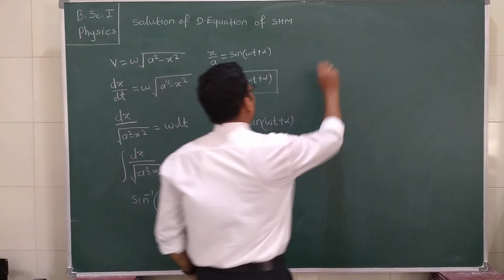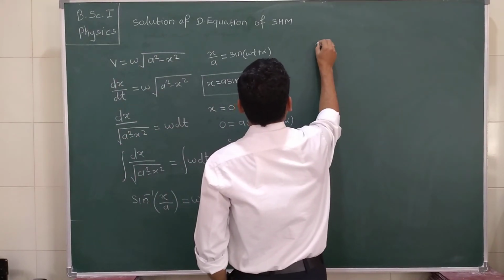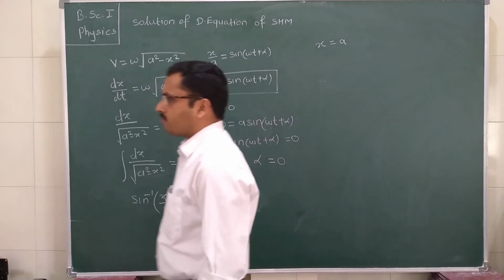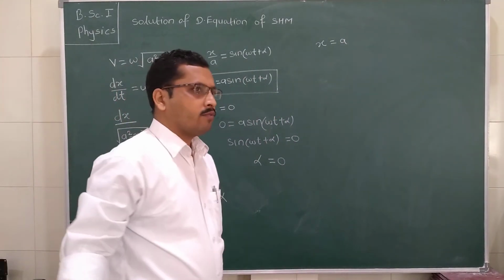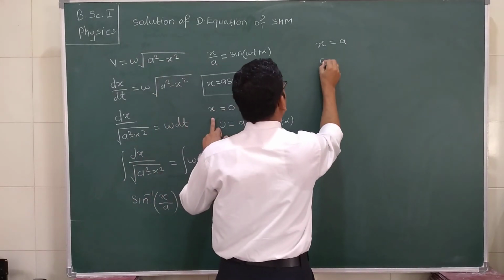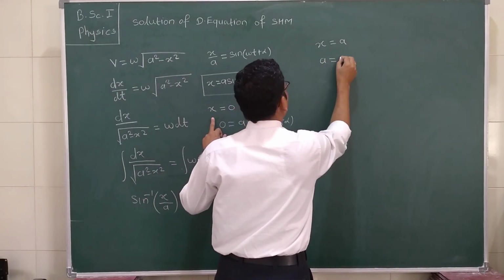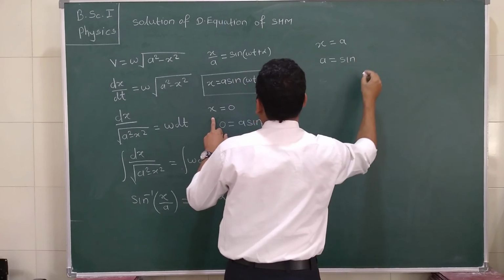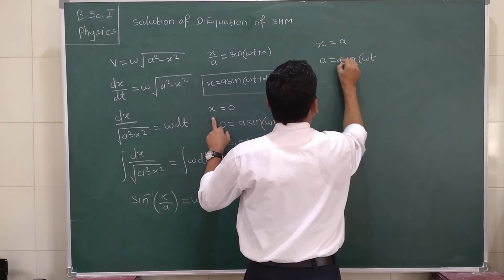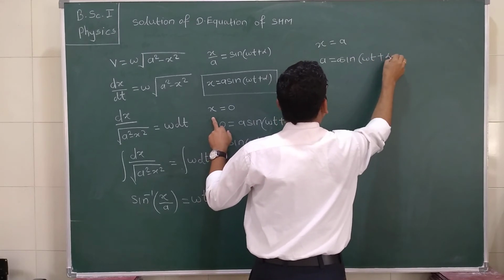So if the particle starts from the extreme position, that is the maximum displacement, which is nothing but the amplitude, we keep x equal to a. So this is a is equal to a sine of omega t plus alpha.